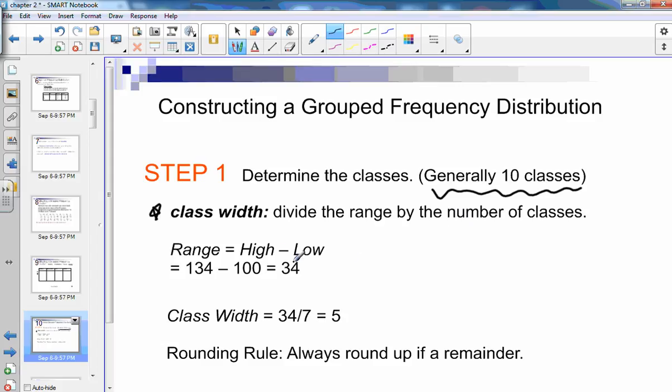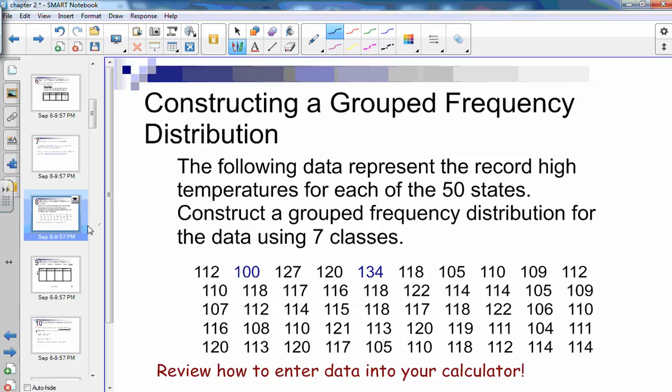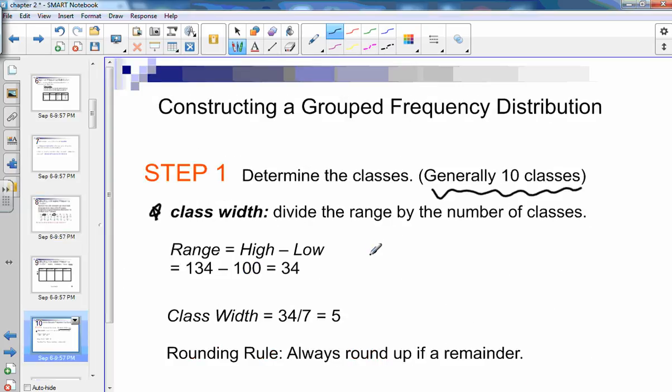If we take high minus low, the highest number in our set of data, going back to our set of data, the highest number was 134, the lowest number was 100. So we take 134 minus 100 and we get 34. Then we divide by however many classes we're going to do. In this case, we're going to do 7 classes. So we take 34 divided by 7.